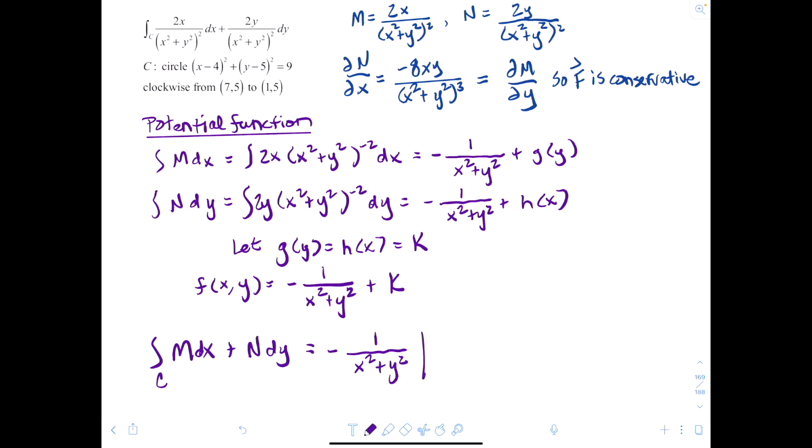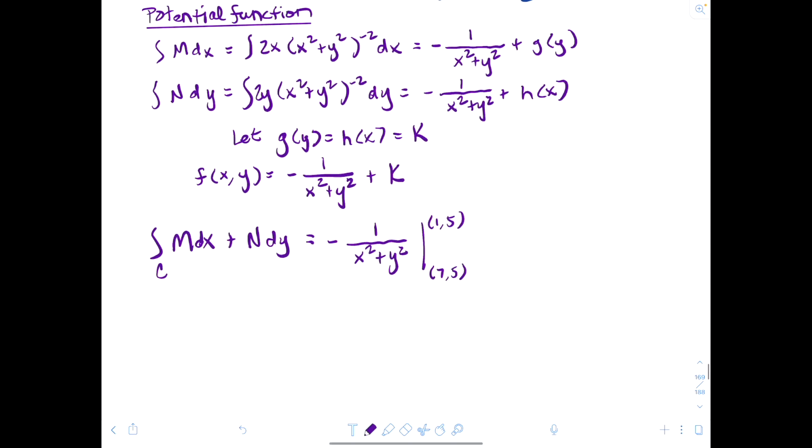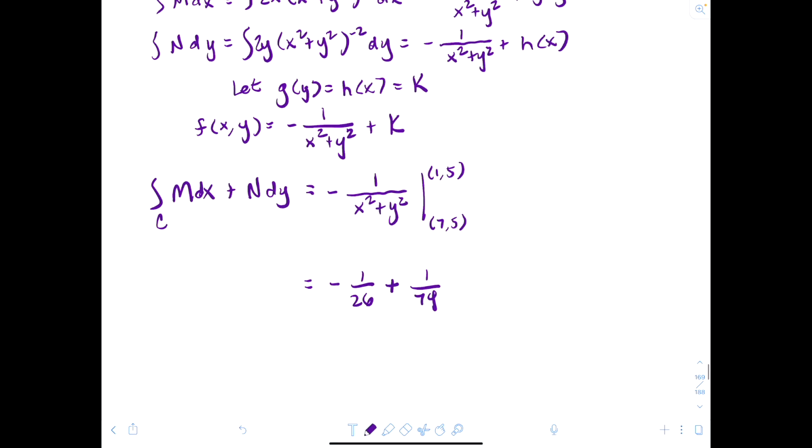So 7, 5 is the lower, 1, 5 is the upper. So that will be negative 1 over 1 squared plus 5 squared, so negative 1 over 26, minus a negative is plus, and then we'll have 49 plus 25 is 1 over 74, and that ends up giving us negative, let's see, we're all done. Cool, cool.